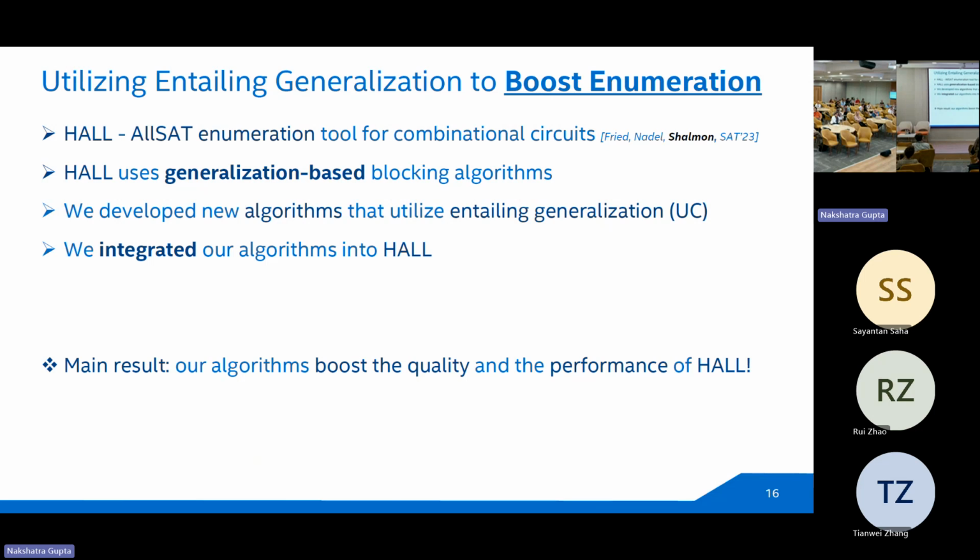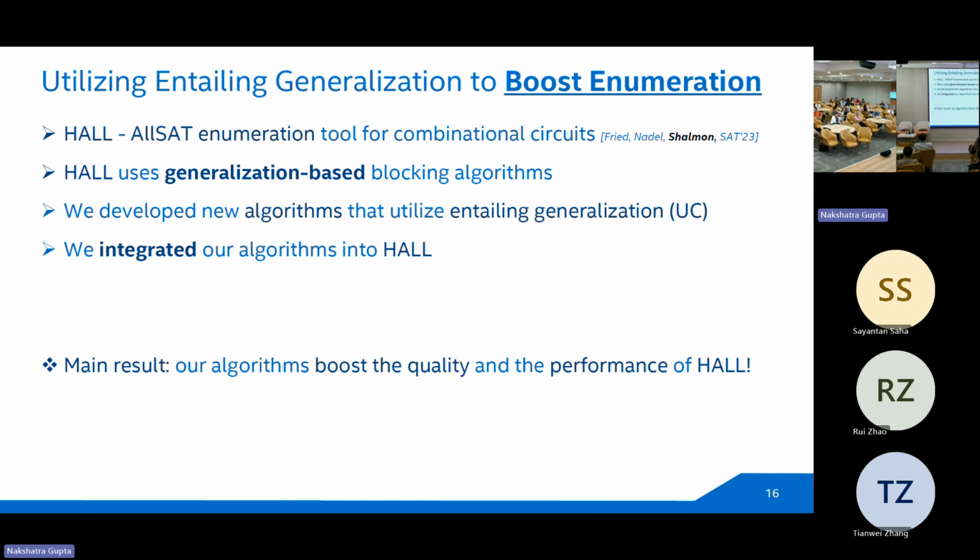So using the observation about entailing generalization, we utilize it to boost our enumeration application. So last year, we had a paper about all-SAT for conventional circuits, and we also had a tool that can solve the problem called HOL. So HOL is based on blocking algorithms that are based on generalization.